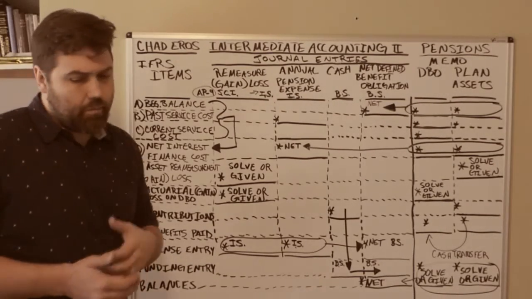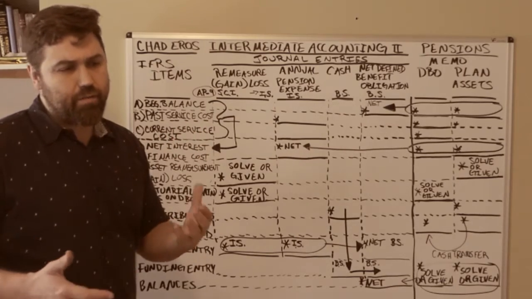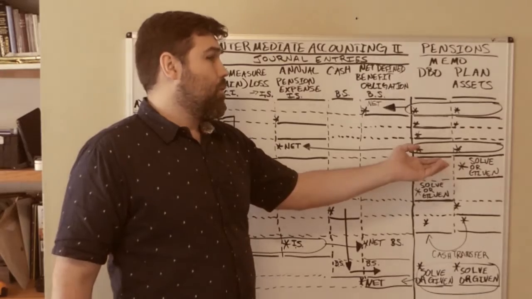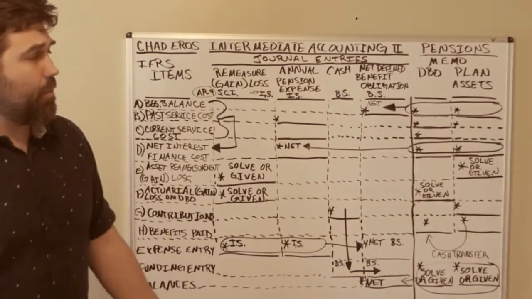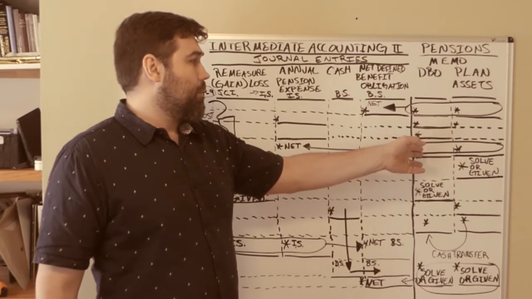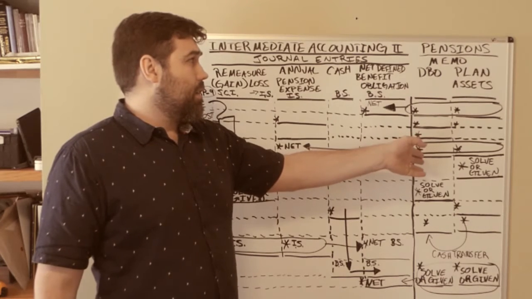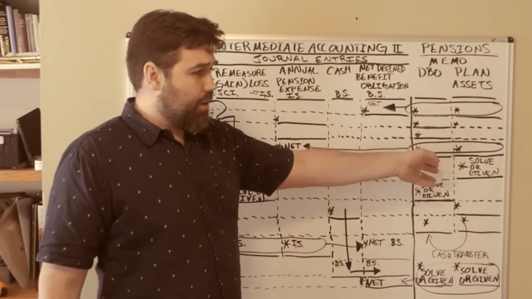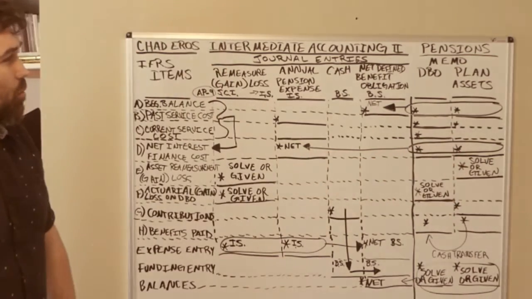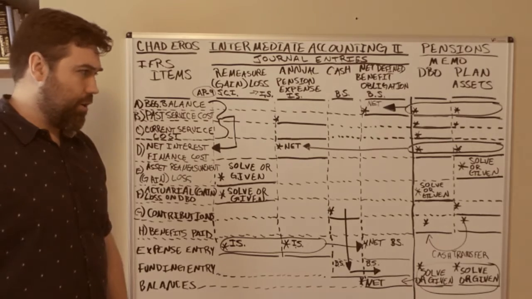And I believe when this was taught previously, there used to be two different rates, which makes sense actually if you think about it, because the rate at which you're going to calculate the cost on your liability or your commitment probably isn't the same rate as what you're going to earn on your plan assets.